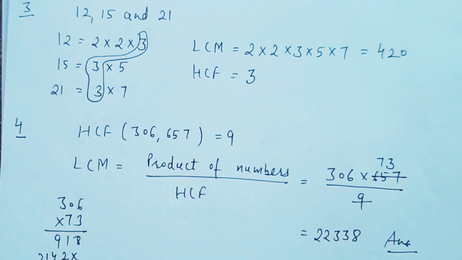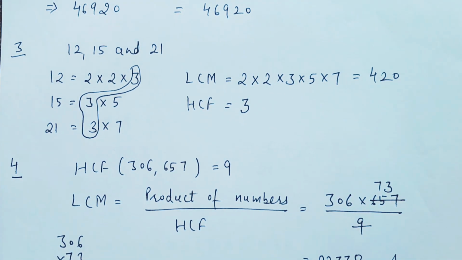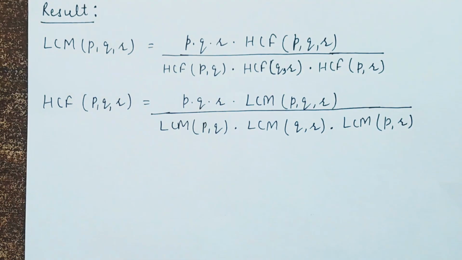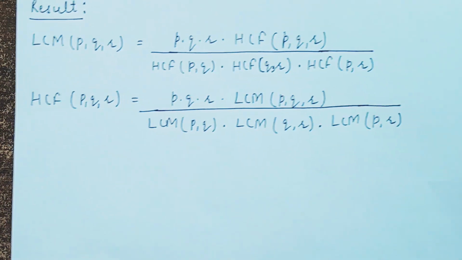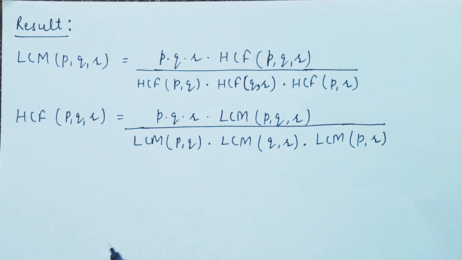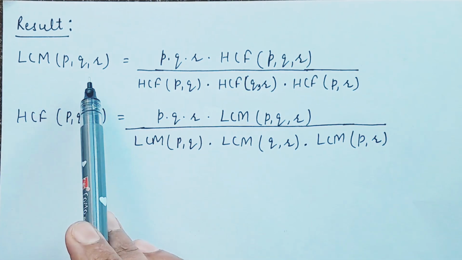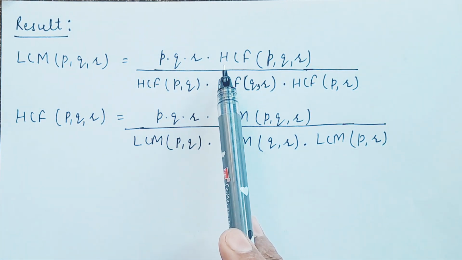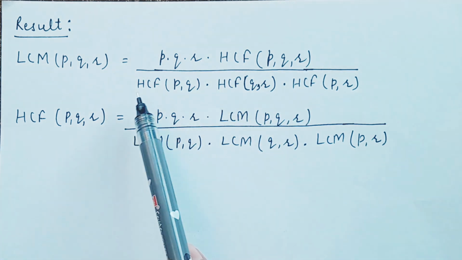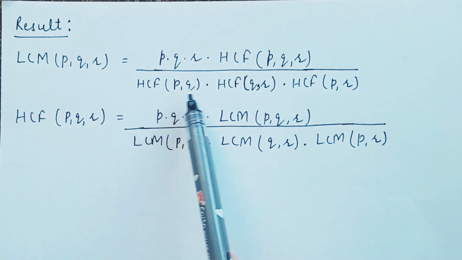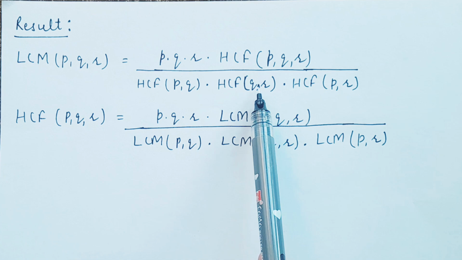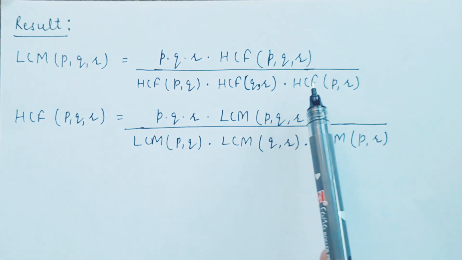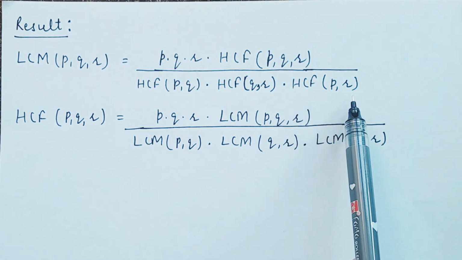Now there is an important result regarding the HCF and LCM of three numbers. As I told you, LCM and HCF of three numbers is not equal to the product. What is the formula to find the LCM of three numbers? It is the product of three numbers multiplied by the HCF of the three numbers, divided by the HCF of the first two numbers multiplied by the HCF of the last two numbers and the HCF of the first and third number.